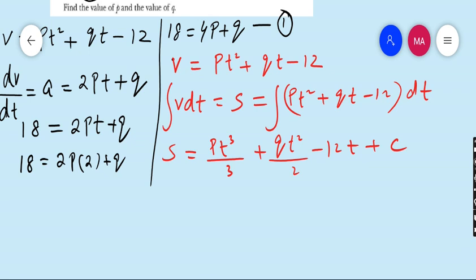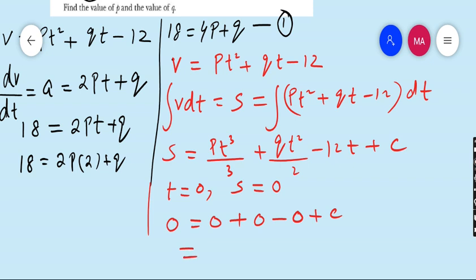So first we have to find the value of the constant of integration, that is c. You know, at t equal to 0, the displacement must be equal to 0. So if we replace s by 0, pt cubed upon 3 is 0, qt squared upon 2 is 0, minus 12t is 0, plus c. This implies that c is equal to 0.